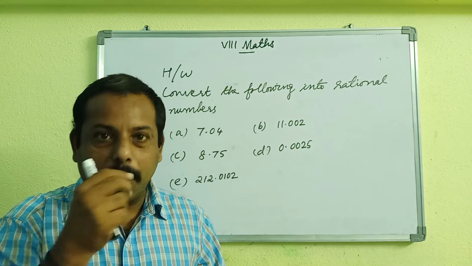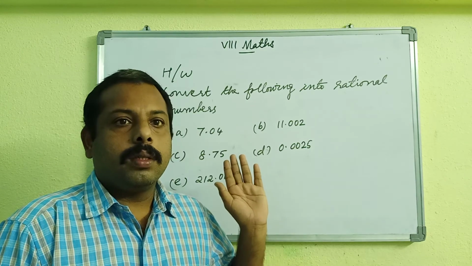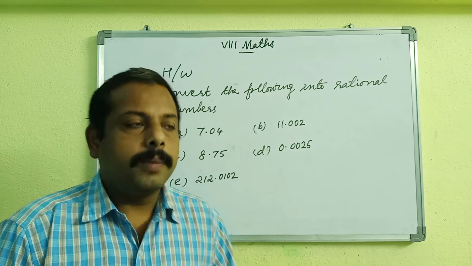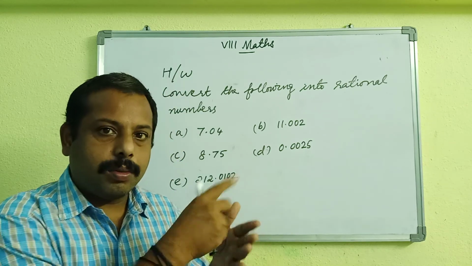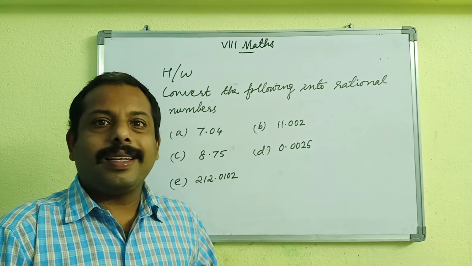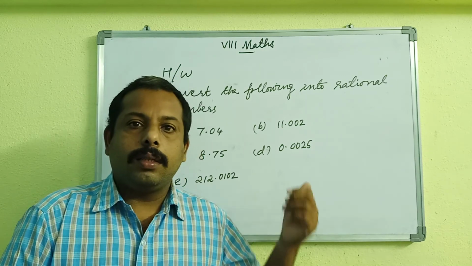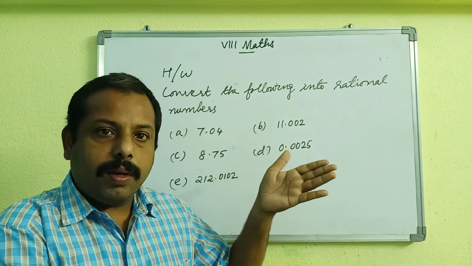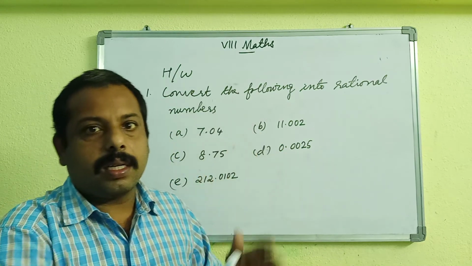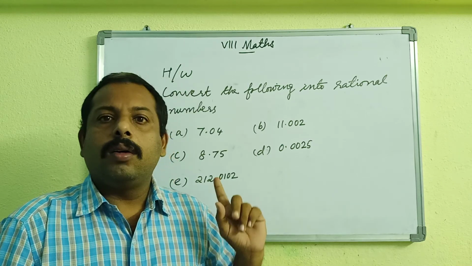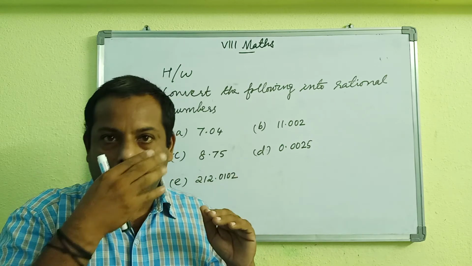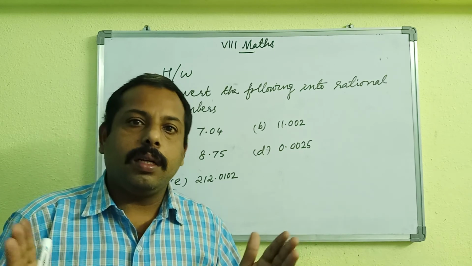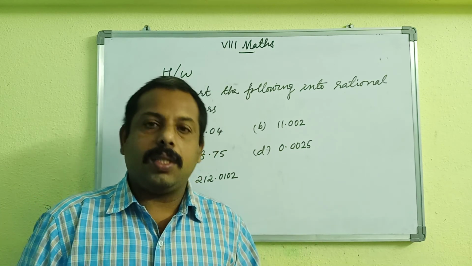So get a book today itself if possible and write the classwork. Start writing the classwork as per the exercise and note down the homework also in the same book. If you want to write along in the same way, you can. Otherwise, turn the book and from the other side you can start writing the homework. But it is very clear, don't buy two different books for writing classwork and homework. A single book is sufficient for that.